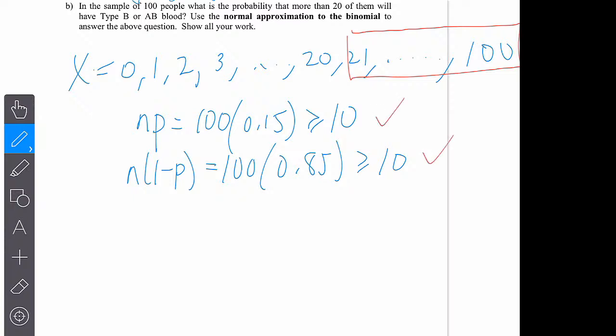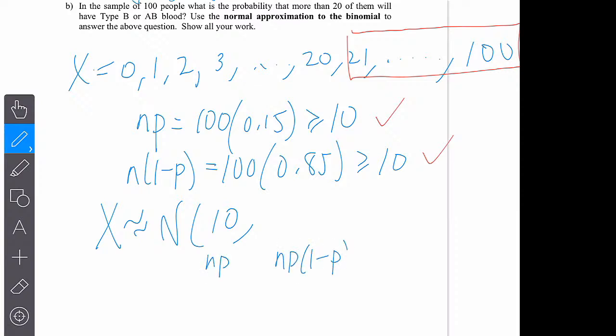That means that we can approximate X as normal, with a mean of np and a standard deviation of the square root of np times 1 minus p. So we need to figure that out.